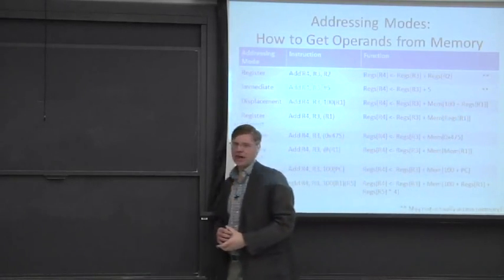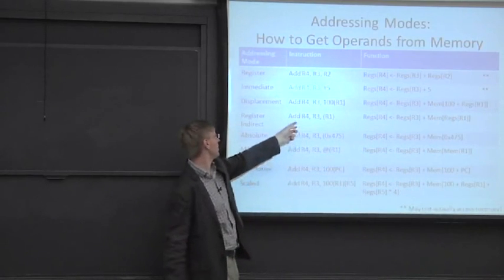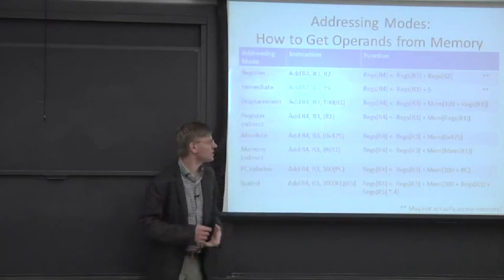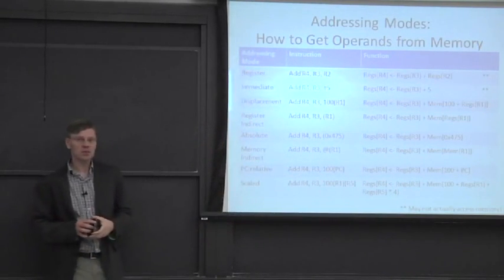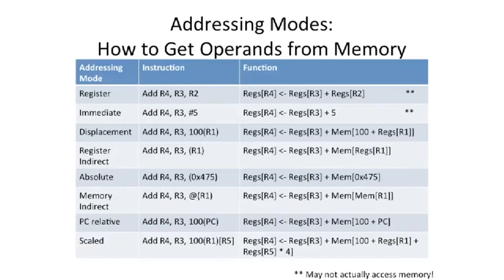You can have register indirect, and this is pretty common on something like MIPS, or actually if you look at the Itanium instruction set, they don't have displacement stuff. They only have register indirect. So this is similar to the displacement, but you can't have a displacement.